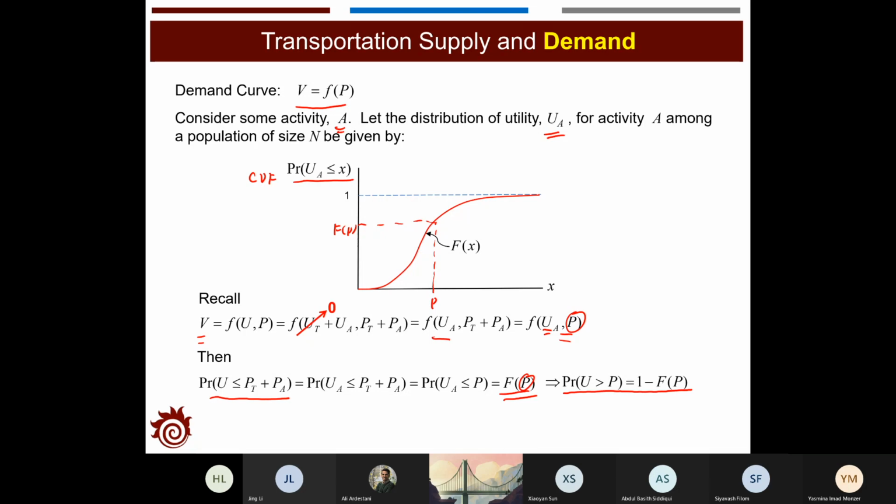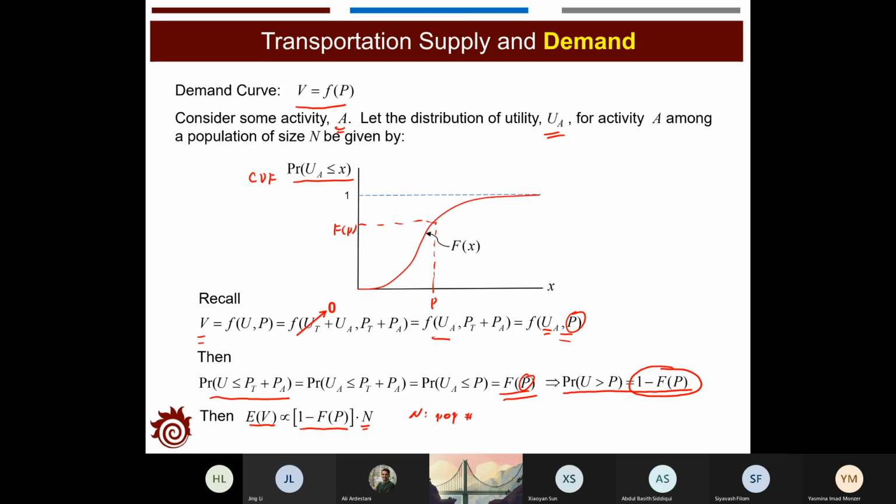So it means that for one rational person, the probability for you to take the trip is 1 minus FP, when you are provided with the cost of the trip as capital P. With that, you can then find that the expected number of the volume is 1 minus FP times N. N here is the total number, the population number.